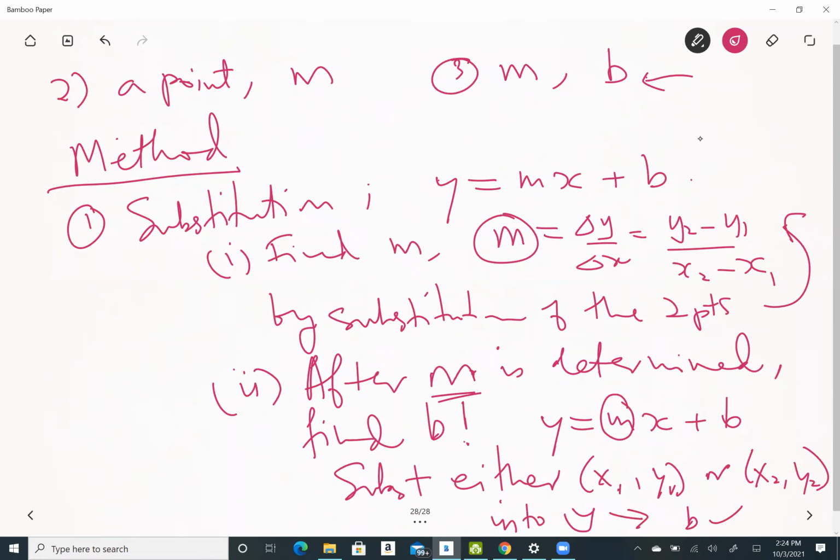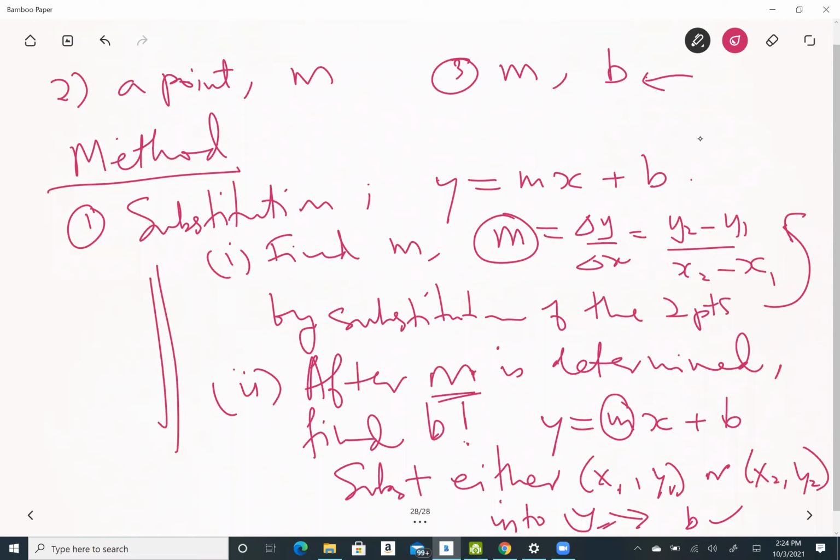So now we are doing double substitution. Number one, you substitute in order to get the slope. After you have the slope, we substitute again, x2, y2 or x1, y1, into the function, and then you get b. So that is the method.